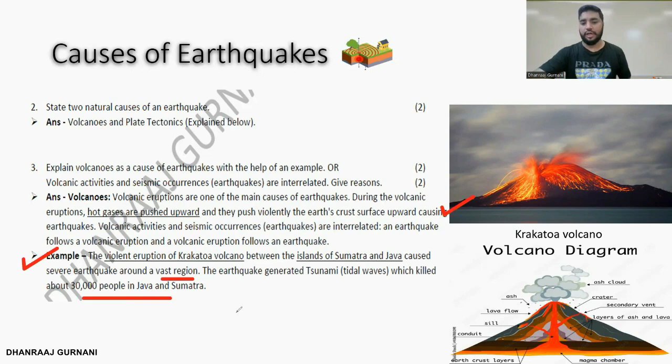So the volcano erupted, the earthquake generated a tsunami, which in turn killed 30,000 people.